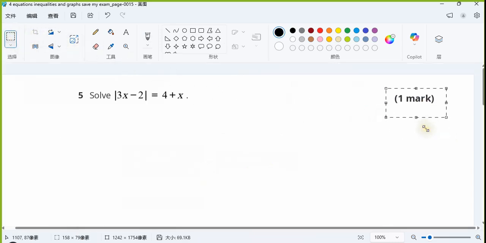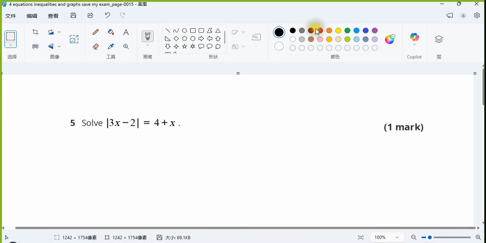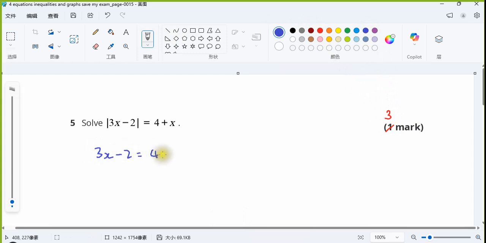So question 5 here, it should be 3 marks, not 1 mark. We have 3x minus 2 equal to 4 plus x, and 3x minus 2 equal to the negative of 4 plus x.